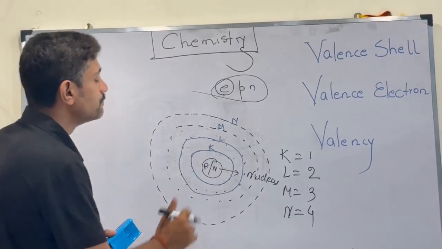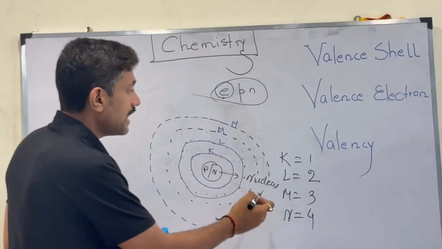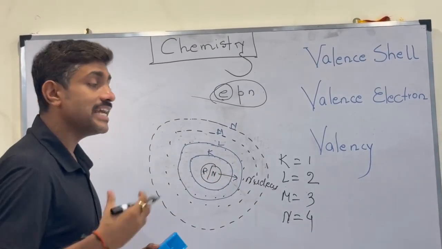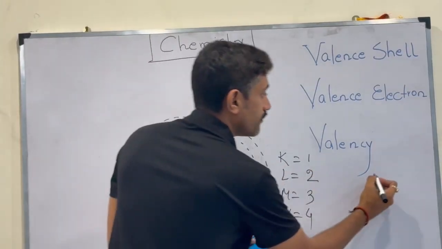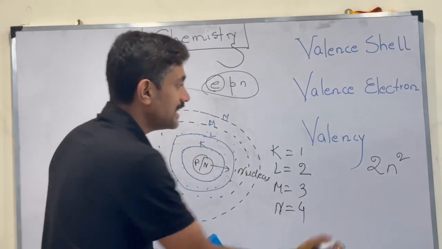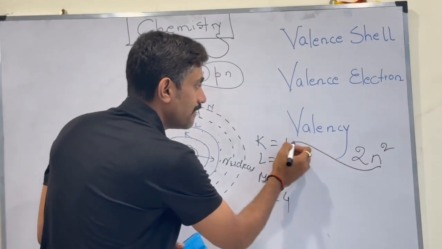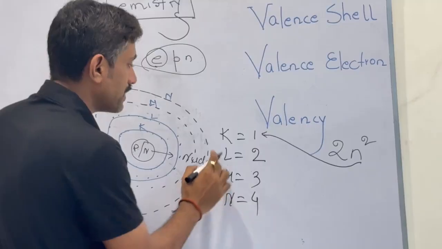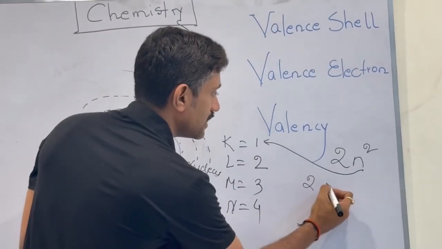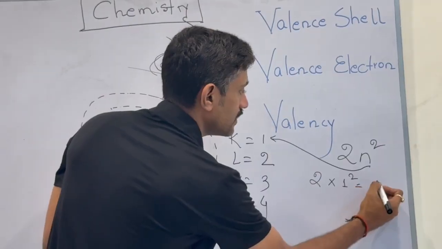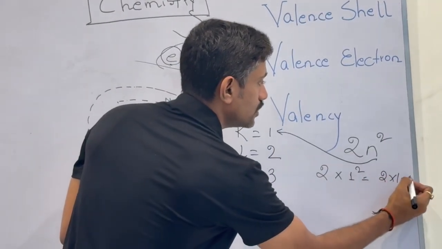So the same thing, Niels Bohr has found, as per his theory, that each of the shells can accommodate a certain number of electrons. So the formula is 2n^2, where n is nothing but the number of the shell. Okay. So example, if I do this mathematics, 1 to the power 2, how much is it coming? 2 into 1 equals 2.